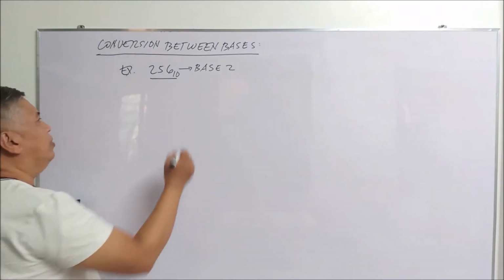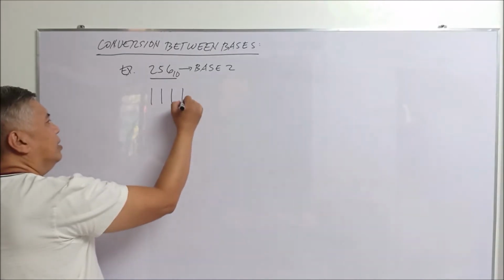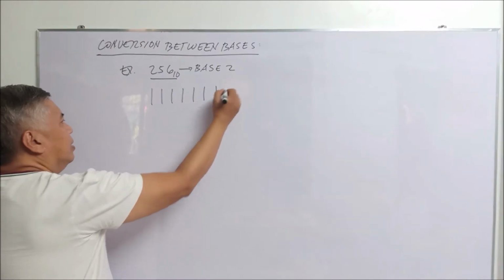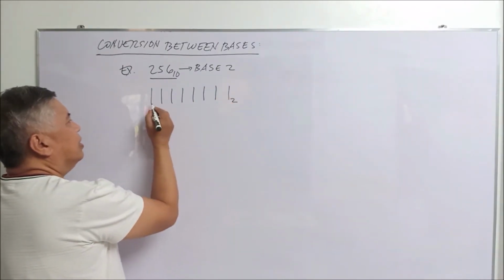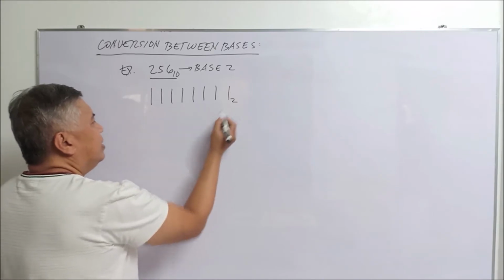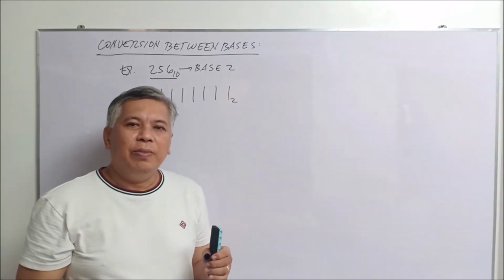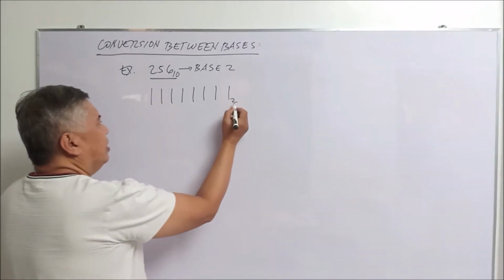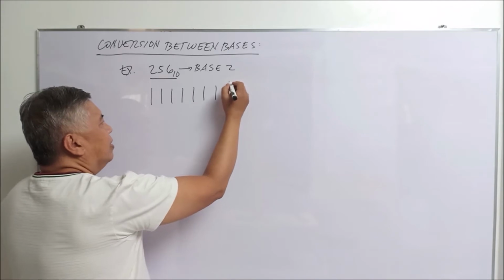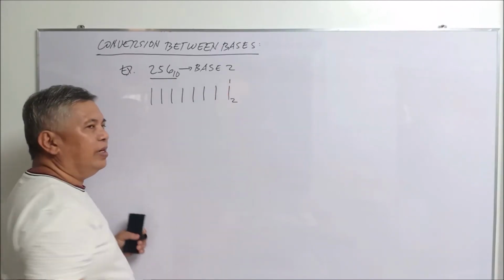So what we will do is we make a series of 1s. Okay, then this is base 2. We know that these are binary numbers and 1 is the highest number in the binary form. Now, the first binary digit is actually equivalent to 1 in decimal.